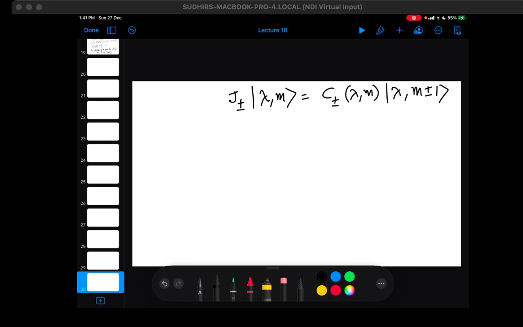So that's the reason J plus changes m by 1 unit, J minus changes m by 1 unit. Essentially J plus raises m by 1 unit. That's the reason why it's called raising and lowering operators. J minus lowers by 1 unit.